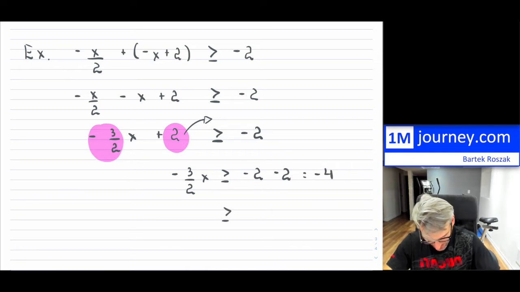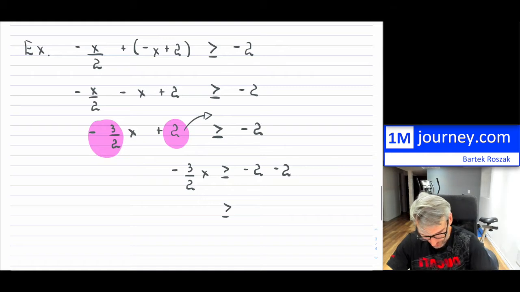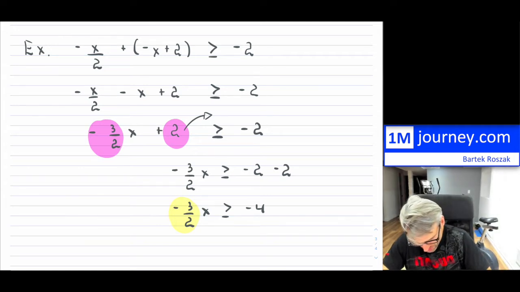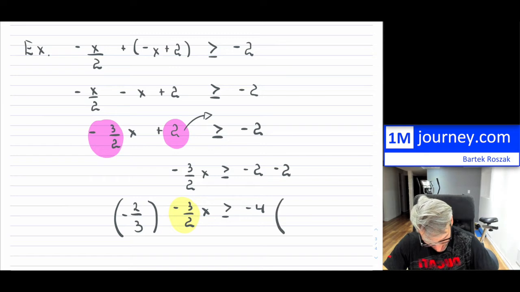So I have negative 4, and then negative 3 over 2 x. And here I have to get rid of this negative 3 over 2. So I can multiply by the reciprocal on both sides. So 2 over 3, multiply by that, and then I have to do that on the right-hand side as well.